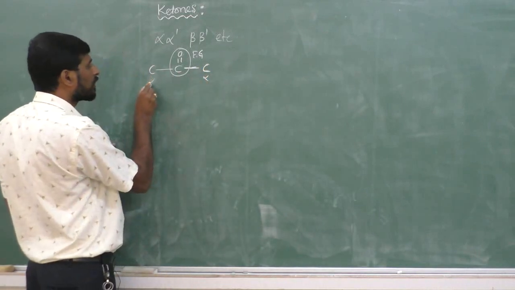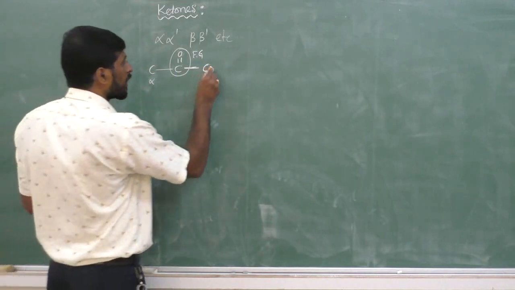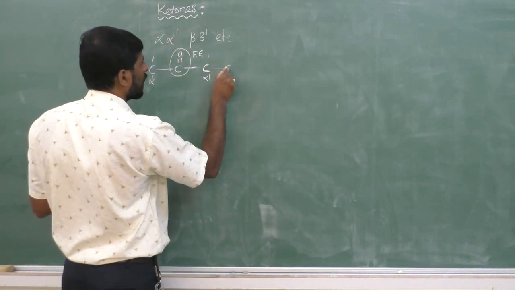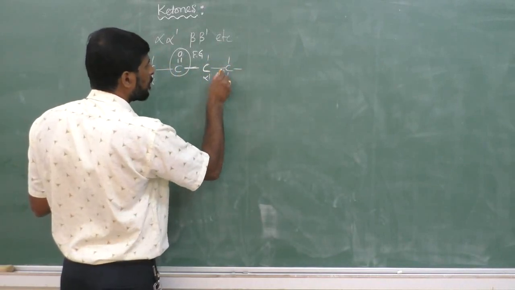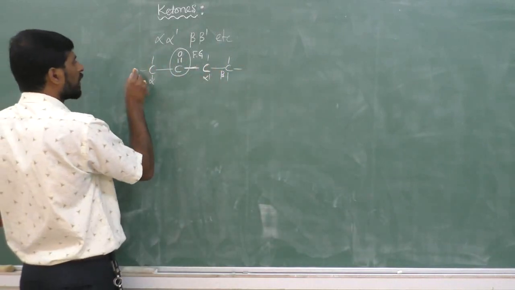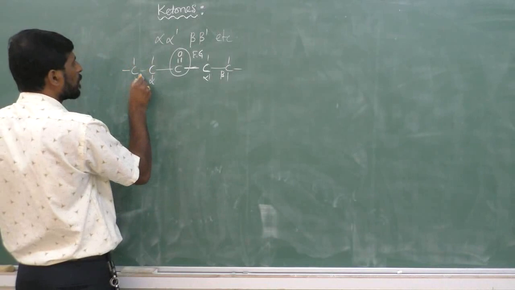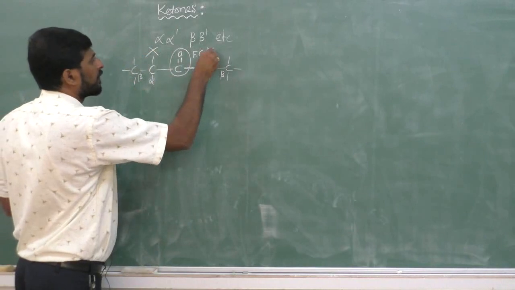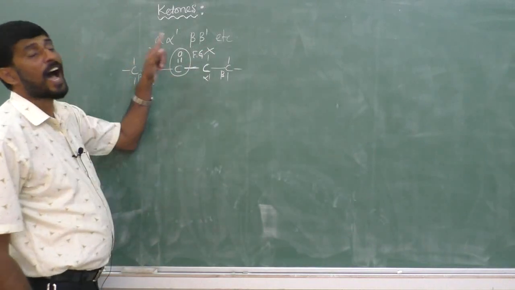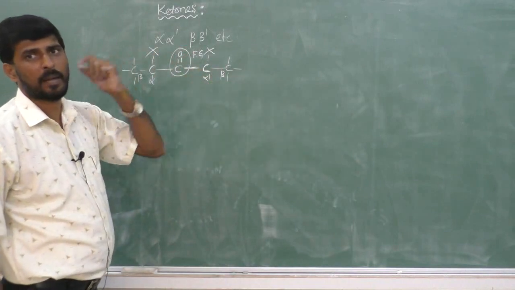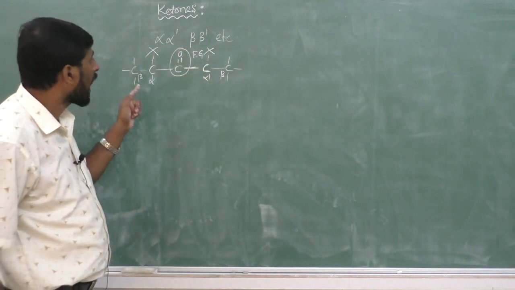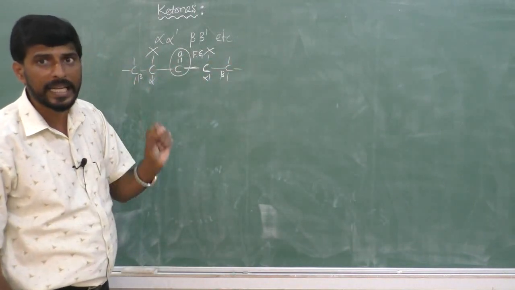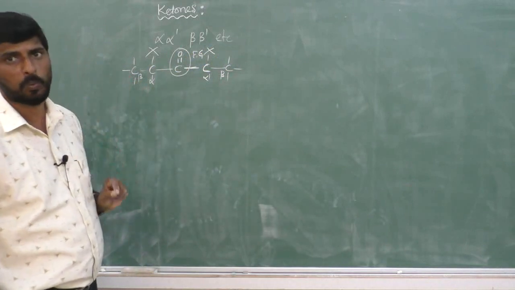This other carbon atom is also alpha. The next carbon from this is beta, and the next from the other side is also beta dash. That is why alpha, alpha dash, beta, beta dash is used to indicate the position of the substituent group.